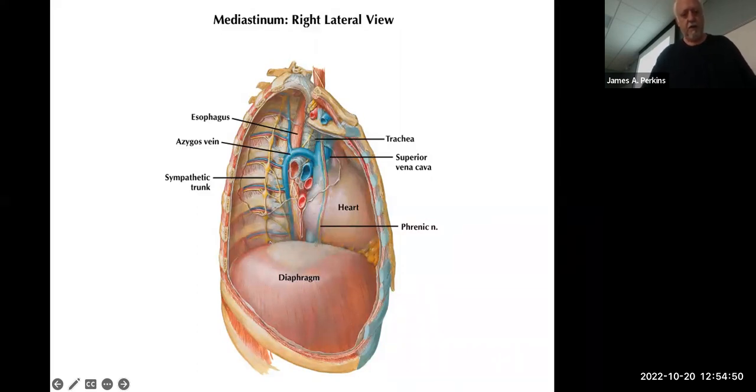But then notice how the thoracic vertebrae actually extend pretty far into the thorax and form almost like a wall in the middle of the thorax. And then you can see how the ribs are then angling posteriorly, extending posteriorly back from the vertebrae before they finally begin to wrap around towards the front.